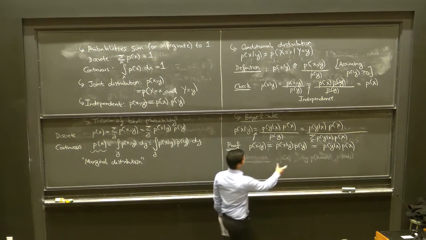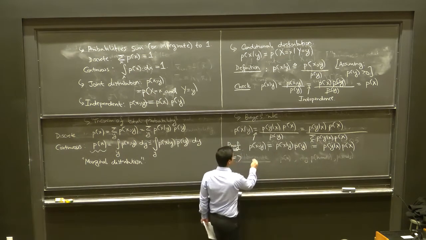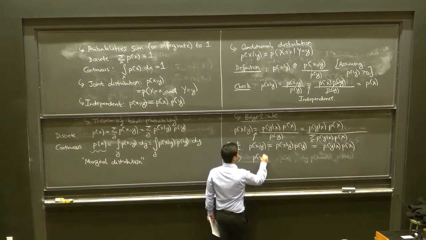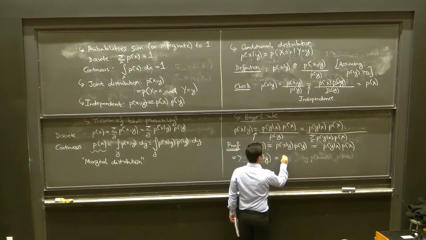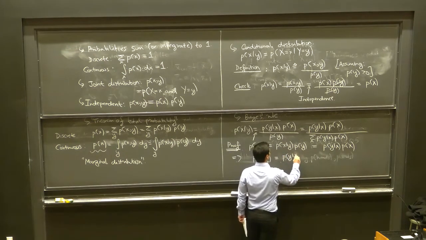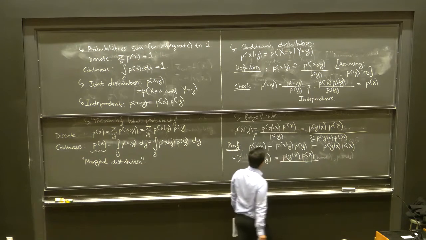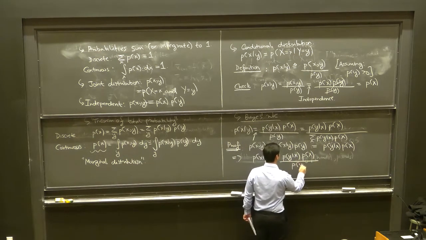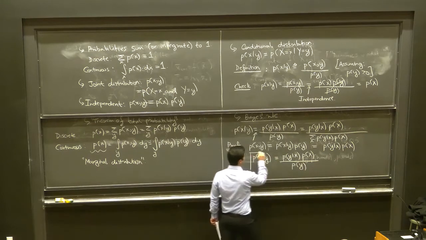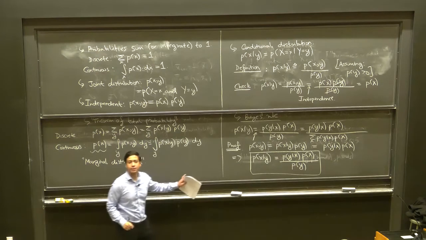And now we can just rearrange the terms here, dividing both sides by P of y, assuming it's not 0. So P of x given y is P of y given x, P of x, divided by P of y. All right. Okay, any questions on this?